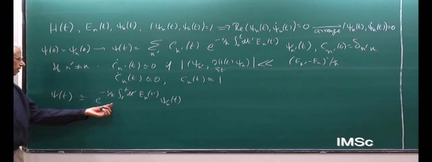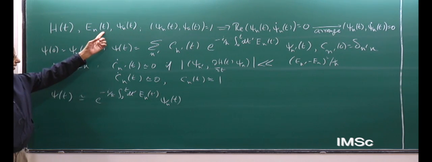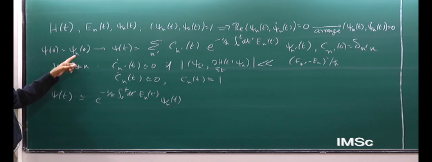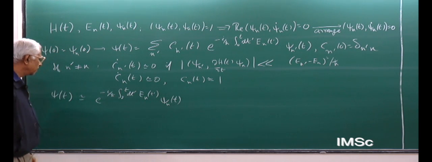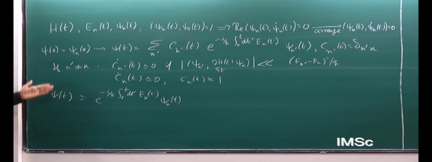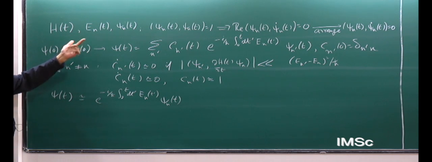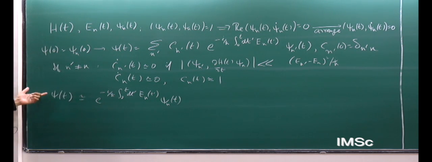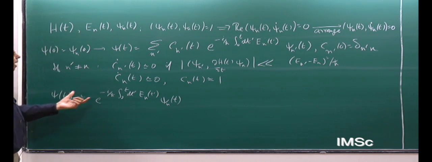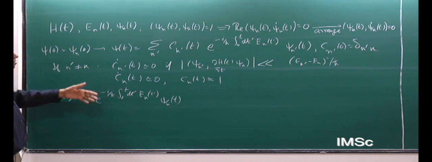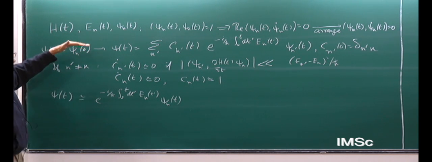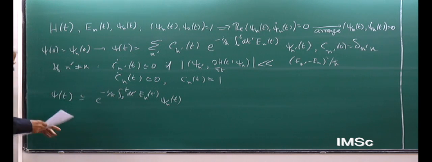This phase factor, time integral of the time-dependent eigenvalue for the state n, times the psi n of t at time t. So if we had chosen n equal to 1, the lowest, then at all times psi is approximately equal to the lowest eigenfunction of H of t. If you had chosen n equal to 2, the next from the lowest, and so on.